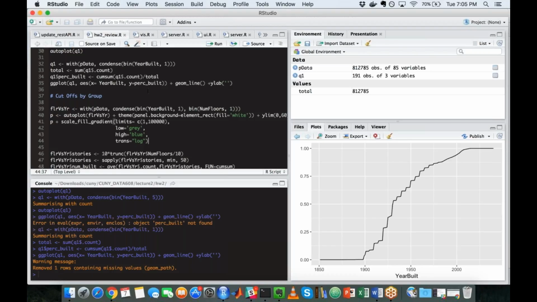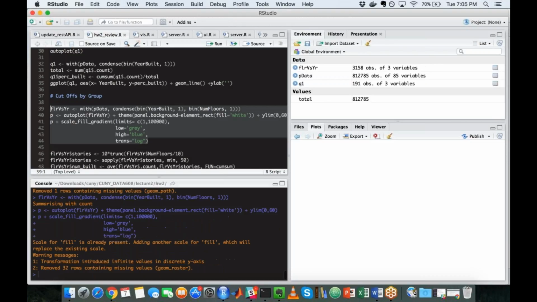So here, we're just looking at number of floors over time. We're binning the year built and number of floors. And when you're binning in 2 dimensions, by default the auto plot gives you a heat map, essentially a binned scatter plot of what we're looking at.